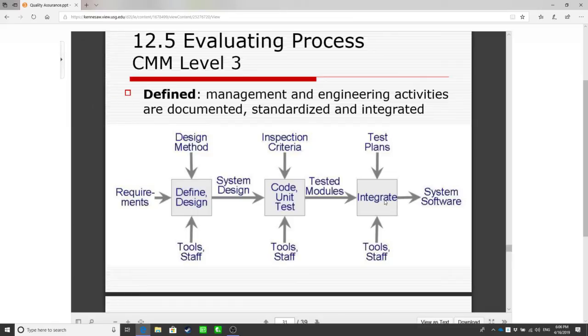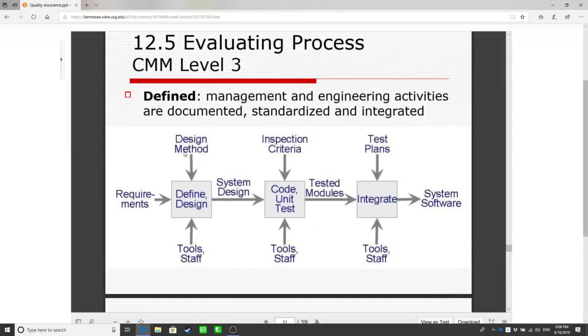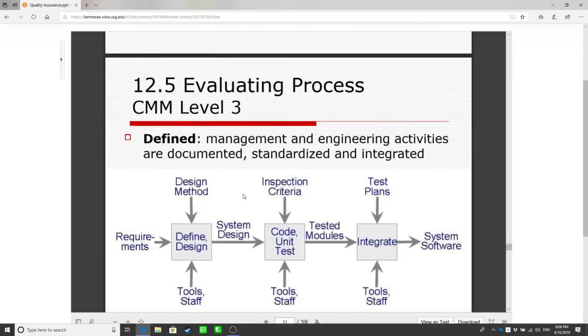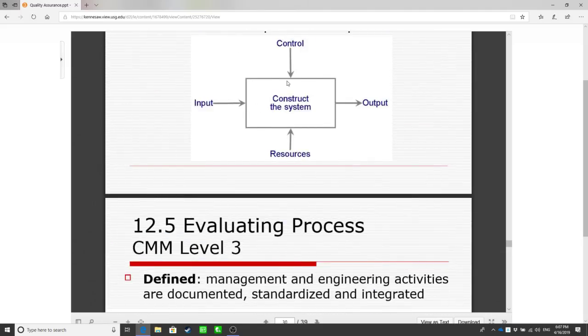And on the top, we still have plans, criteria, design method, just like the control of the CMM2. On CMM3, we specify them even more. On each stage, what is the control, and what are the resources, tools, staff. So these more specific stages replaced the big box of the CMM2.